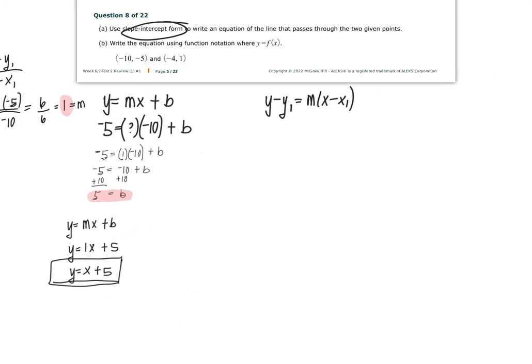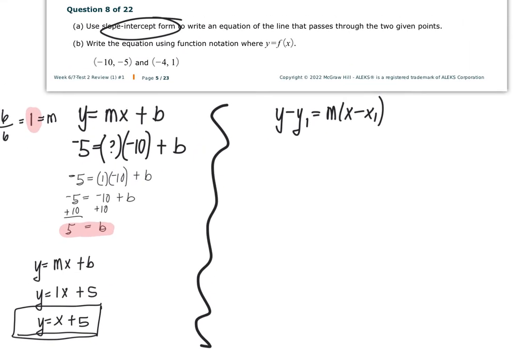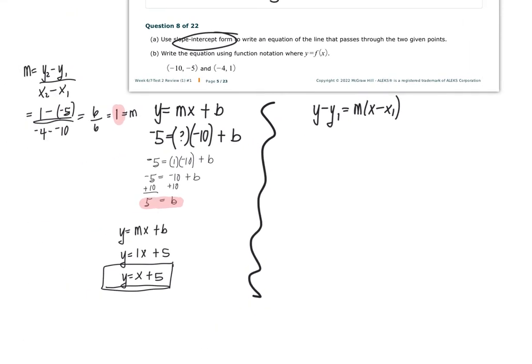You could have done this same problem using the point slope formula. And I'll just show you that really quickly. Y minus y sub 1 equals the slope times x minus x sub 1. Of course, you would have still had to find that slope first. But from there, you can just use that first coordinate of -10, -5, and say y minus -5 equals the slope of 1 times x minus -10.